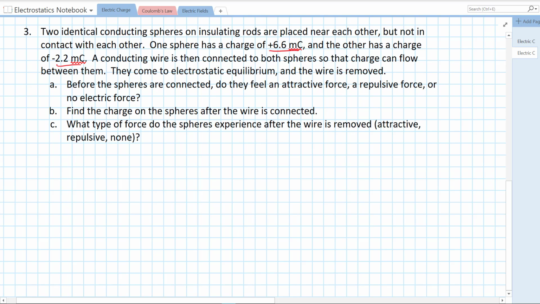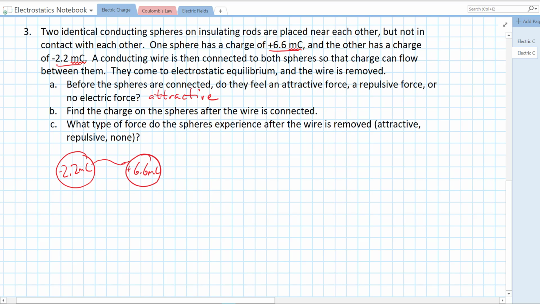Attractive, repulsive, or none? Well, before, we have two spheres, minus 2.2 millicoulombs and plus 6.6 millicoulombs. So they're opposite charges. They're going to feel an attractive force. Then we need to find the charge on the spheres after the wire is connected. Now keep in mind this is a conducting wire, which means charges can flow freely.